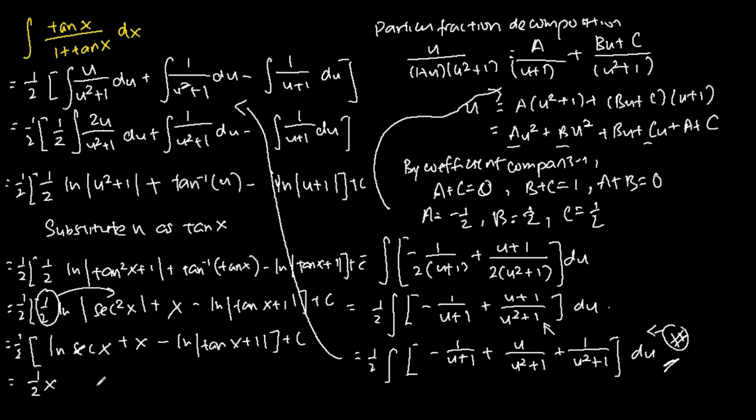So what we get is as follows: ln of secant x over tangent x plus 1, plus C. And this is the final answer to the integration of tangent x over 1 plus tangent x dx.